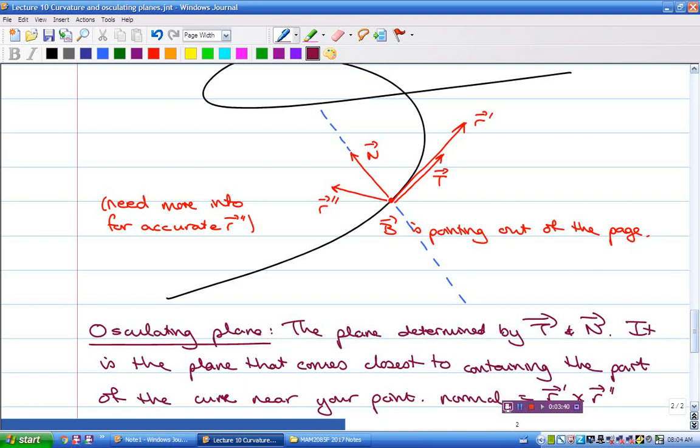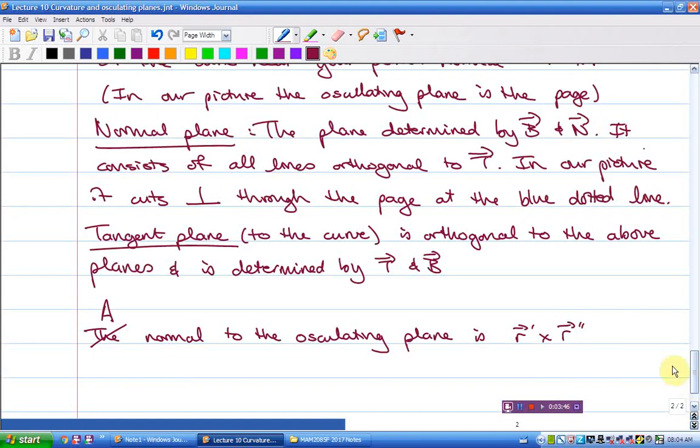Okay, but what about that dotted blue line? If we want to find a normal to that dotted blue line, well, it's there in the picture. A normal to the normal plane. Sorry about that. The word normal is being used in two senses there, because this word normal here, this is the plane that is normal to the curve.